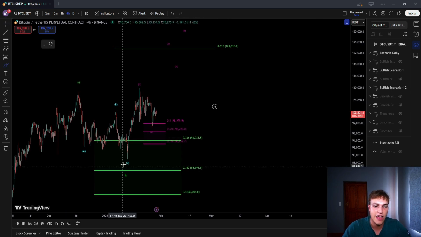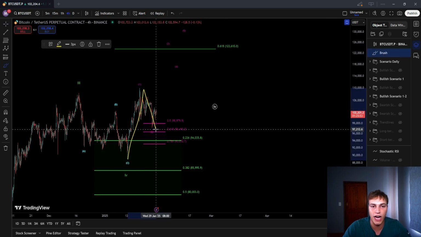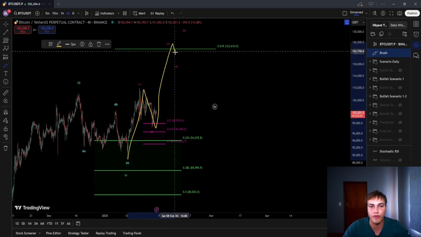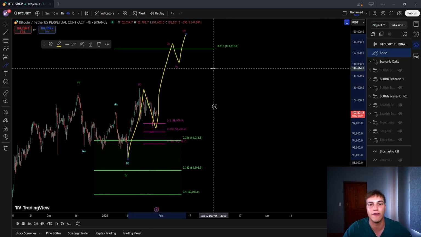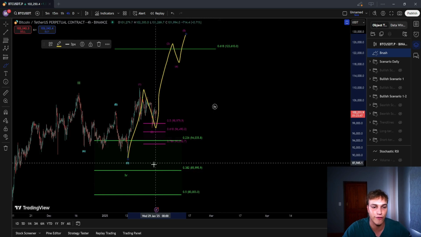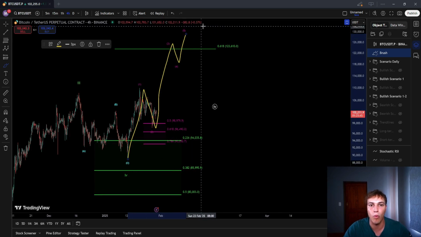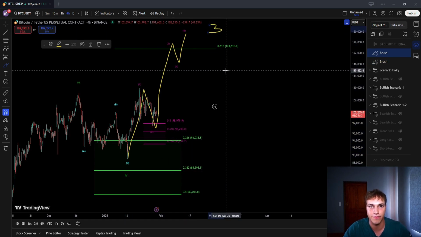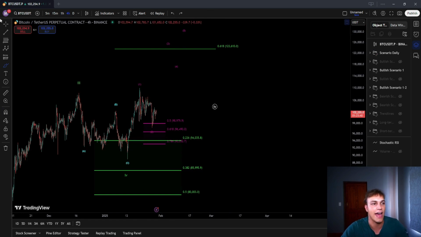We have already seen the wave 1 up, 2 down, and now 3 to follow, 4, and wave 5, possibly taking us to finishing that white wave 3. That is where we are sitting at the moment.